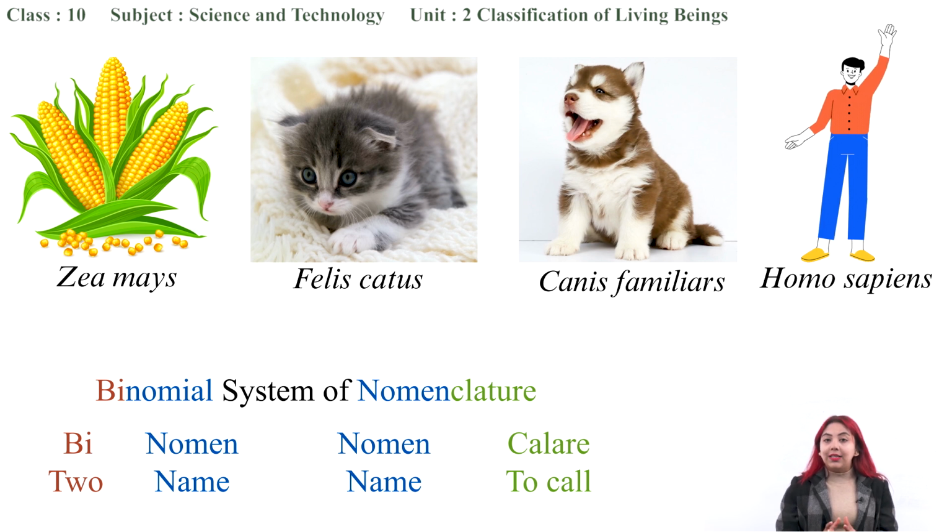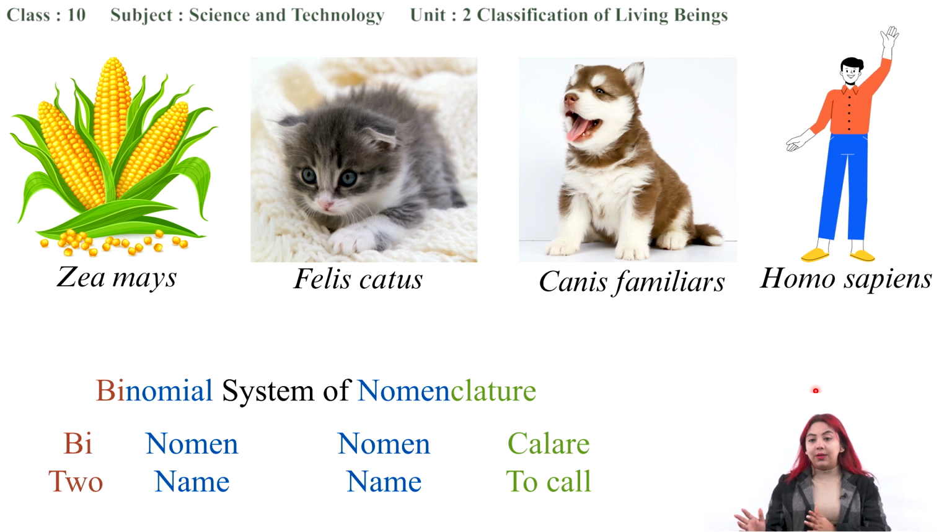When you are writing the name on a computer, you can make it italics. But when you are writing on paper, you must underline the name. You should not underline both names with one single line, but you should underline the genus separately and the species separately. Those are the few rules that you must remember about how to assign a scientific name to an organism.